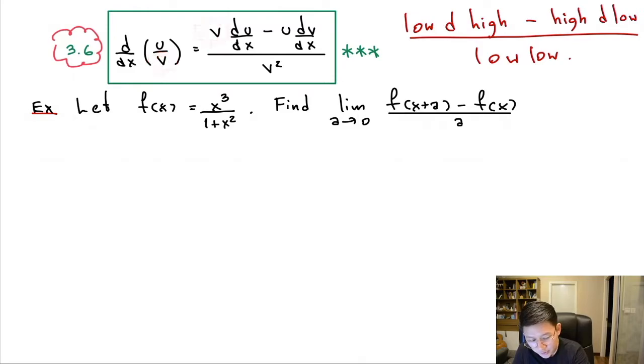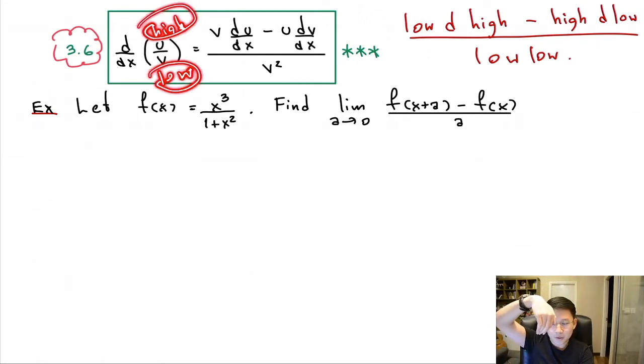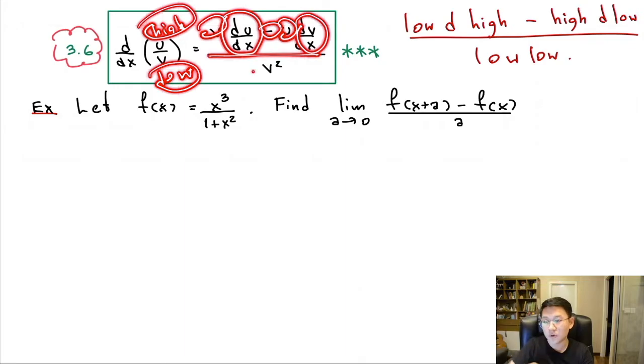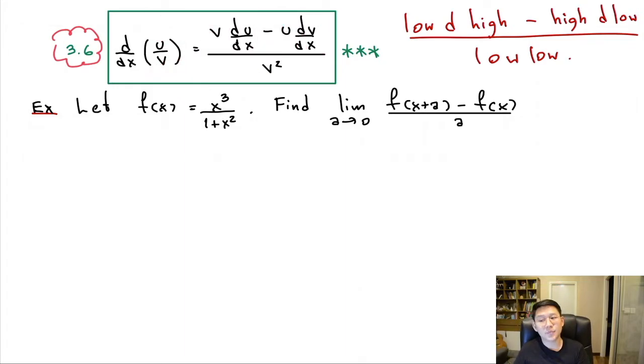Okay, so here low is actually v, right? This is high, this is low. So high divided by low. So it's low d high minus high d low divided by low low.